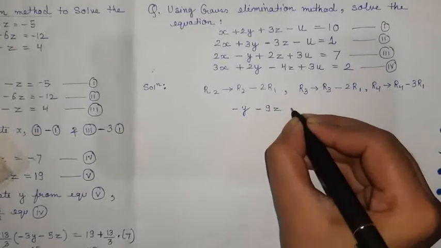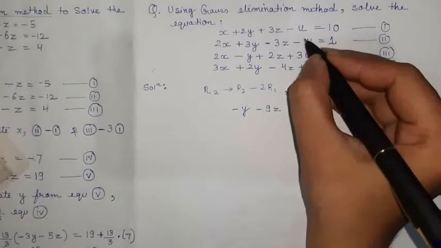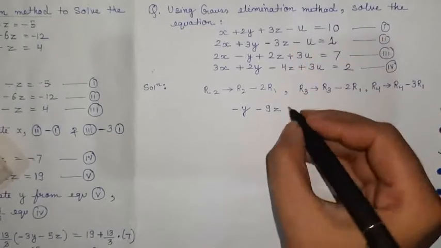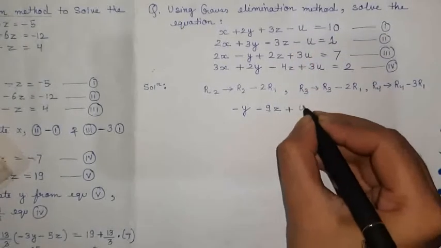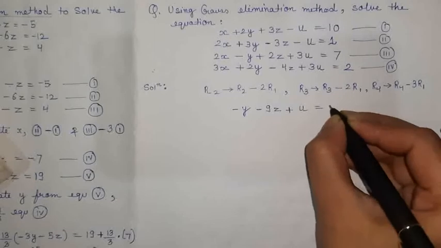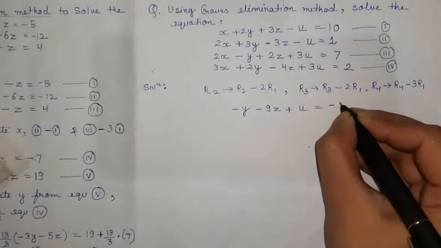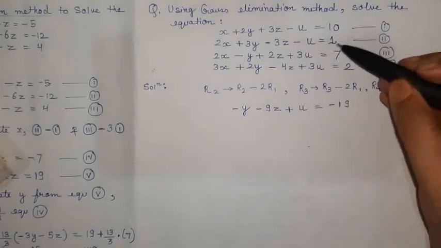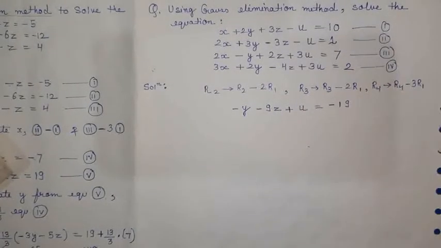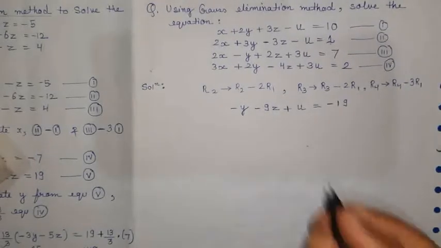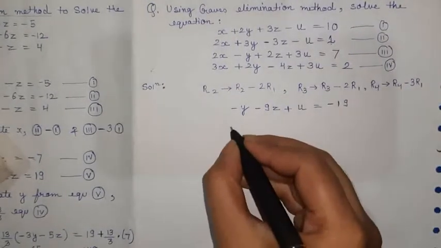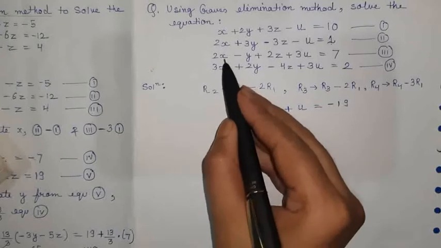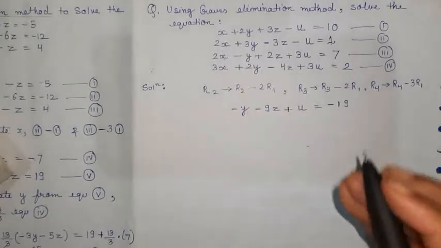Then minus u and minus minus plus, plus u, equal to minus 19. How is it 19? So this has become the equation.